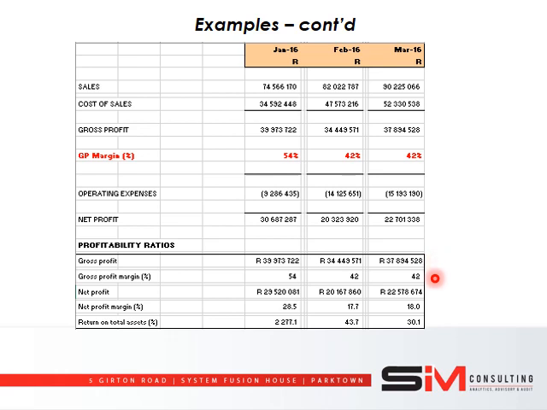Gross profit margin remains the same. Net profit also, it shows that he's increased his net profit. Because the net profit has increased, you can see that the net profit margin also increases. And return on total assets, when you compare the two, it decreases.